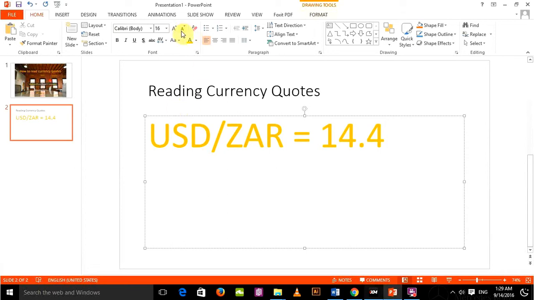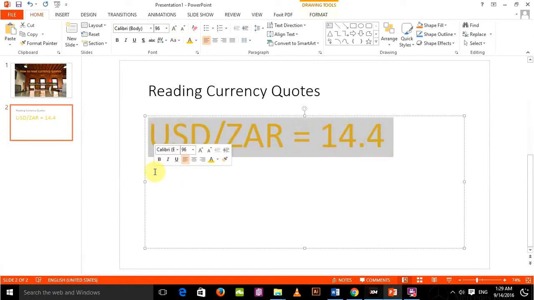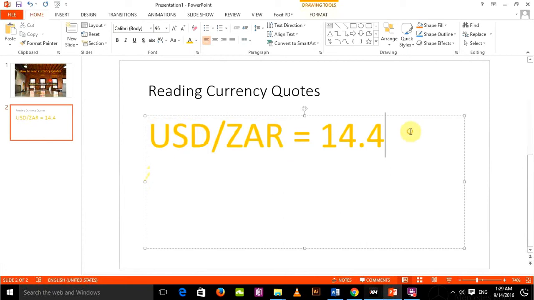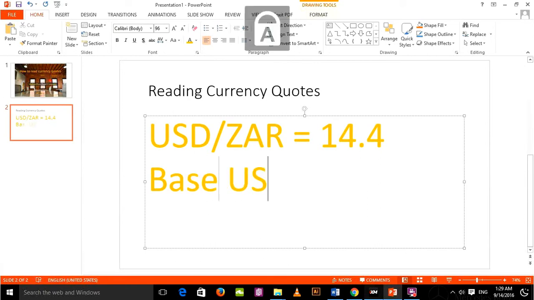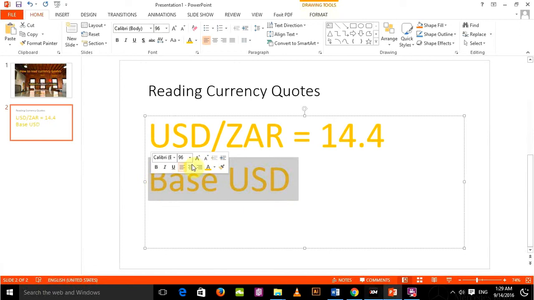The first currency, which is your USD in the example given above, is your base currency. So the USD is your base currency.